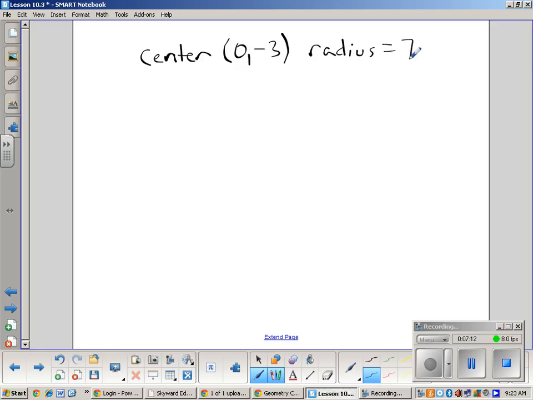So write it down. What was the formula? r squared equals (x minus h) squared plus (y minus k) squared. There's my formula. What does h stand for? The first point. What part of the center?